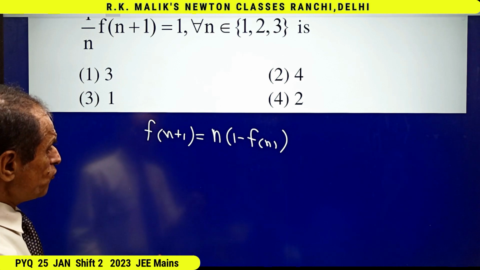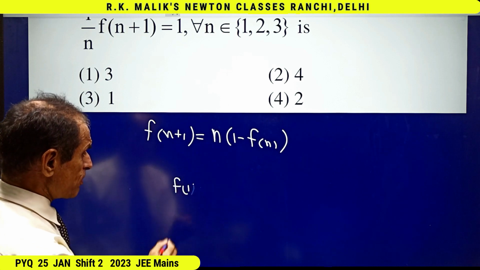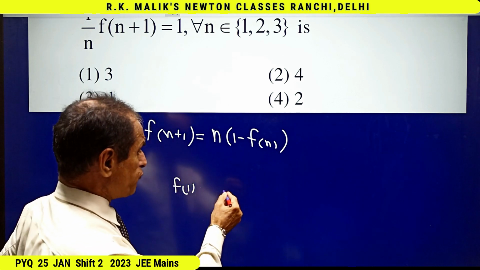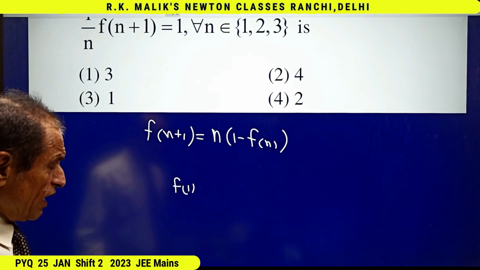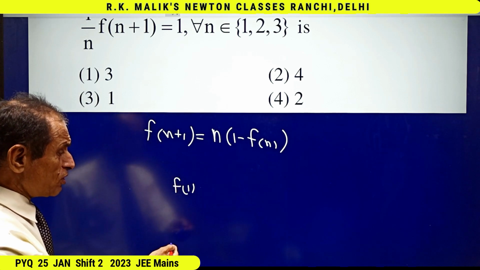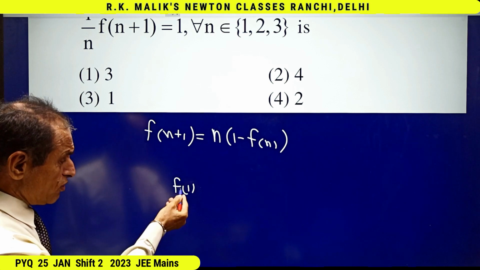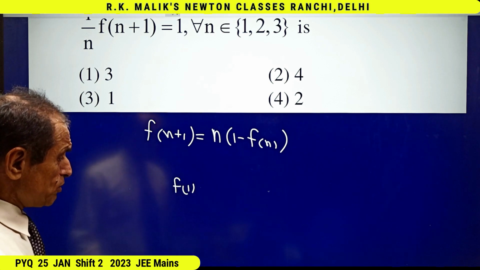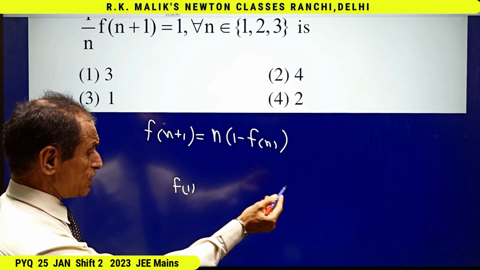That is, for a unique value of f1, the value of f2, f3, f4 will also be unique. Hence, it all depends upon f1, how many values f1 can have. And once we have found all possible values of f1, you can find the value of f2, f3, f4.